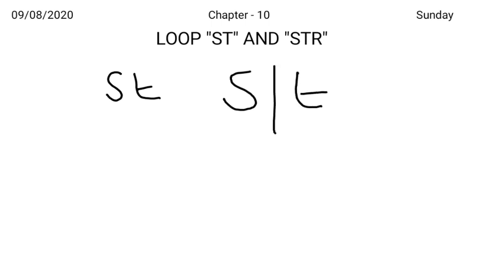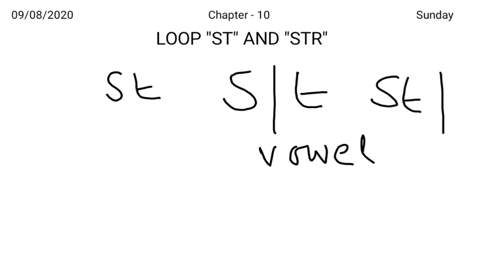If there is ST loop at the end, that ST, SD or ZD sound should be pronounced at the end, as we do in the case of circle S. This ST loop is not employed when a vowel comes between S and T or after ST. If a vowel comes, then the short form, that ST loop, is not employed. In that case, ST sound is represented by circle and T.